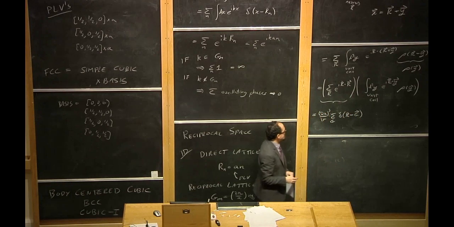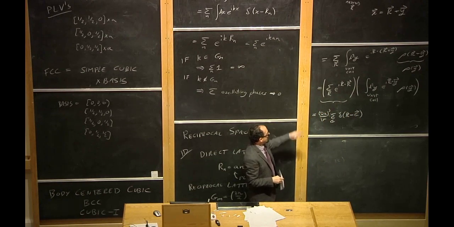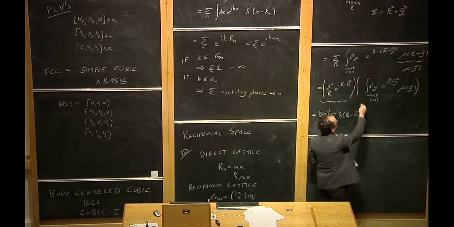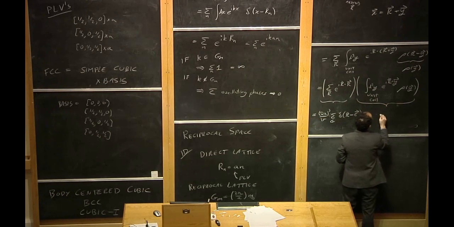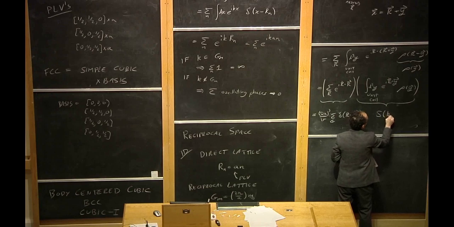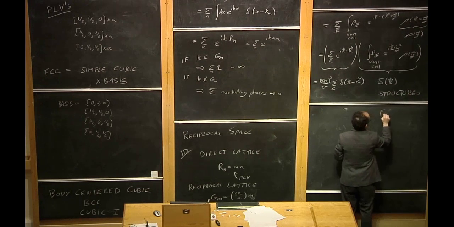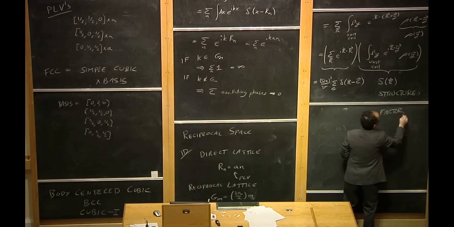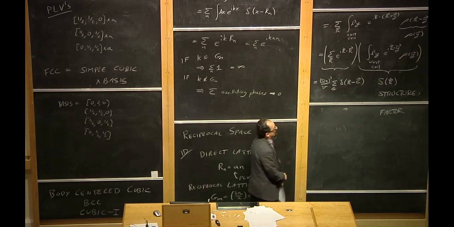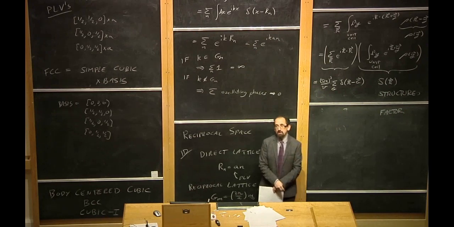So it gives you a delta function peak at the position of each reciprocal lattice vector. This other term is known as the structure factor, S of k. It's just the Fourier transform of the function we're considering within a single unit cell.